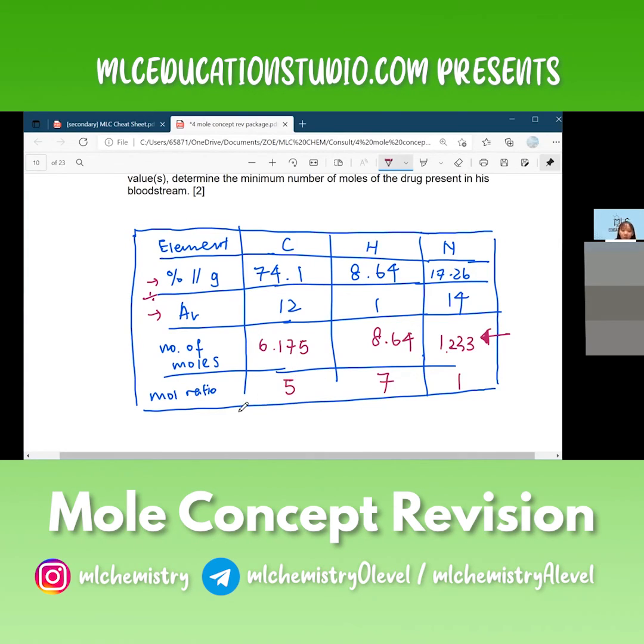Always round to the nearest full number, or nearest 0.5. So I repeat again, the mole ratio, use the smallest one, make it 1. Everything, all the individual number of moles, divide by the smallest one.